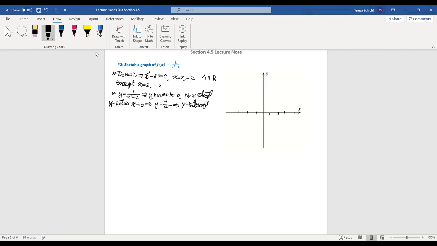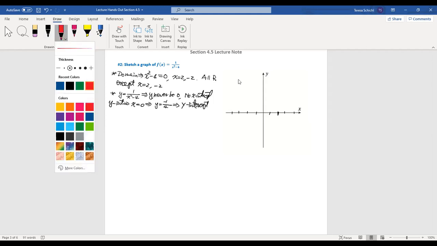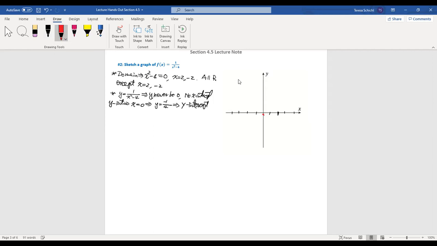Let's mark it: the graph is going to touch the y-axis here, at negative 1/4, so you're going to pass through that point. So far so good.